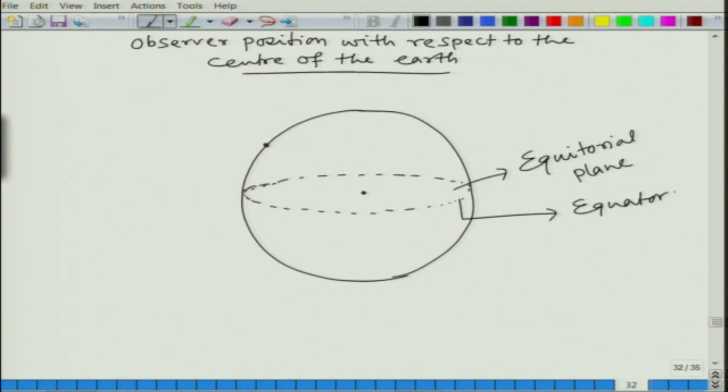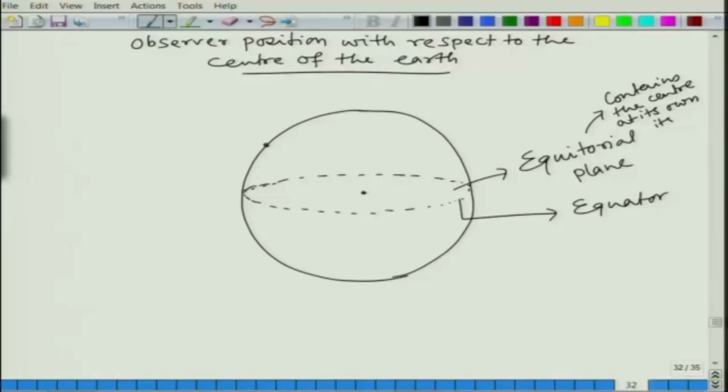So, the center of the earth is actually on the equatorial plane. This plane contains the center as its own center, right. So, the equatorial plane itself is a circular plane, and the center of the earth is the same as the center of the equatorial plane.